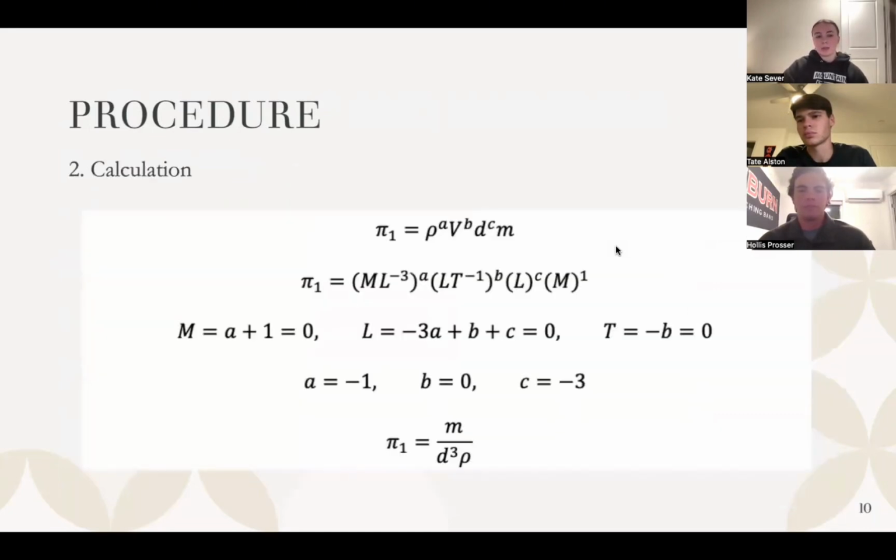From here, you can proceed with the calculation, starting out with that basic pi equation, substituting each variable with its dimensional formula, and then using those exponents to figure out where the variables are placed in that final pi term. For example, M is raised to the power a and 1, which would result in the equation a plus 1 equals 0. From there, you see that a equals -1, meaning that the corresponding variable, air density, will be placed in the denominator raised to the first power.